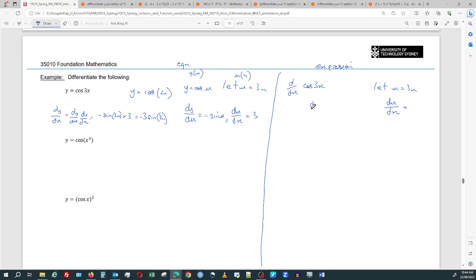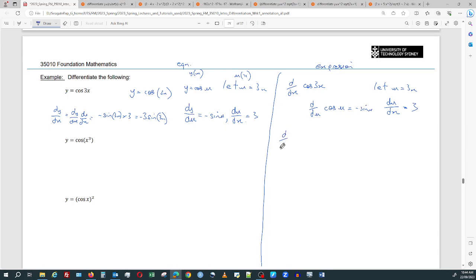Now we would ask d du of cos u, because that's the substitution that was made. And notice where the equal sign goes at the end. The du dx is 3, and the d du of cos u is minus sine u.